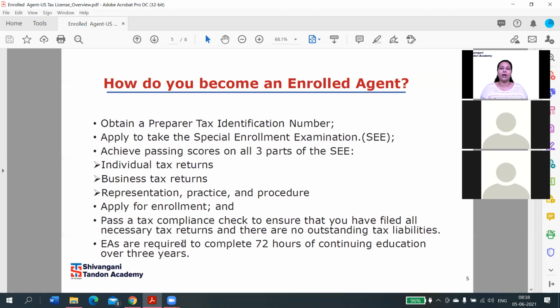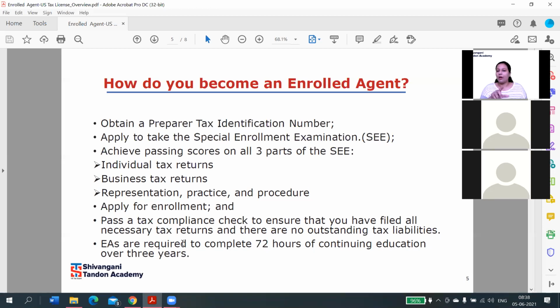So in 3 years, the IRS will know that this person has done 72 hours of study and is prepared for the renewal of license. If you miss doing this, you may be in trouble and not eligible for the renewal of license.